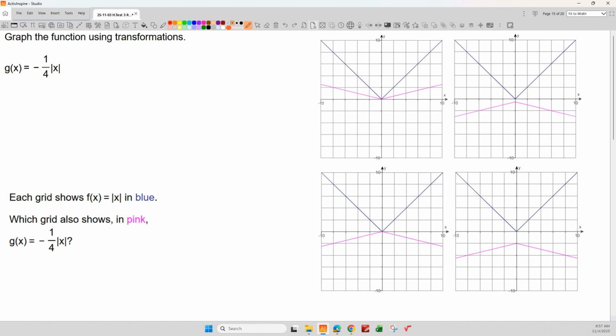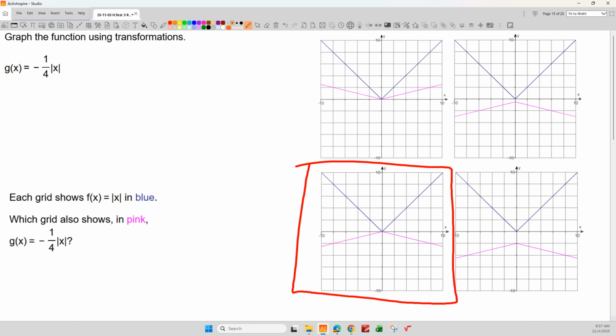We haven't moved this thing at all, so the vertex stays at the origin. The negative value of a flips it, and the 1/4 squishes it, and so the only one that could possibly work is that guy, right? Okay, give me 1 to 5 on that. I went fast. Okay.